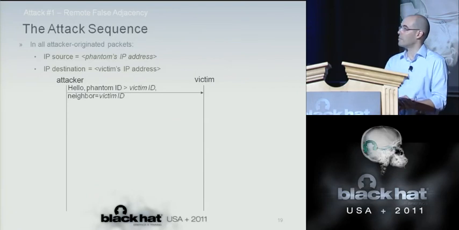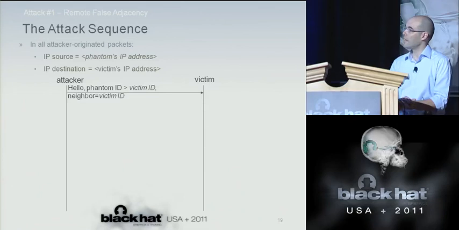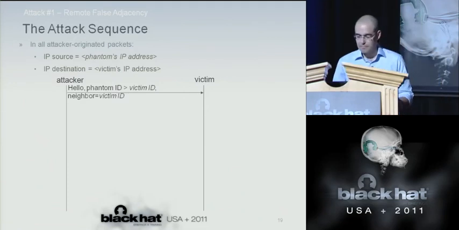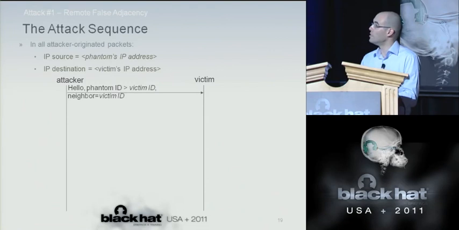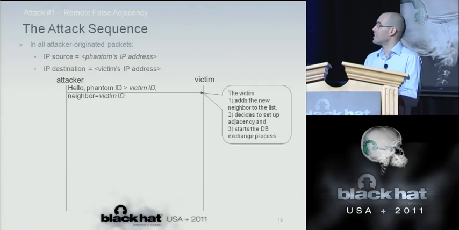The attacker claims in this hello that he has already seen a hello from the victim in the past. This is indicated in the neighbor field. Now, the victim gets this hello and simply believes it, adds the new neighbor to the list, and decides to set up an adjacency with the attacker.